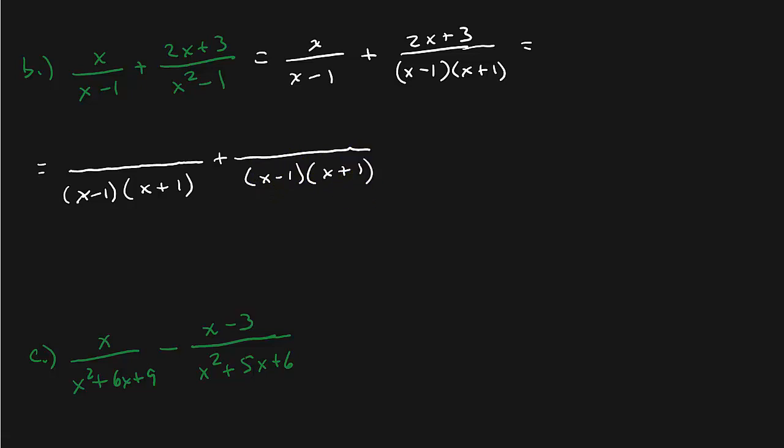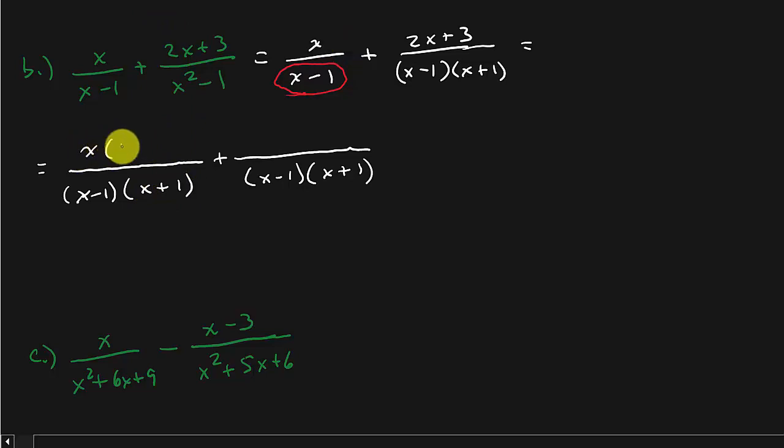All right, now that we have our common denominator, let's get our numerators. Look at our common denominator. What do we have to multiply to this denominator to get our common denominator? An x plus 1, right? So that means we have to multiply the numerator by x plus 1.